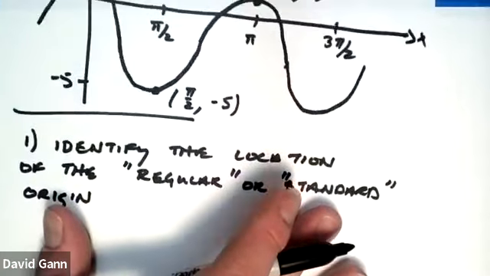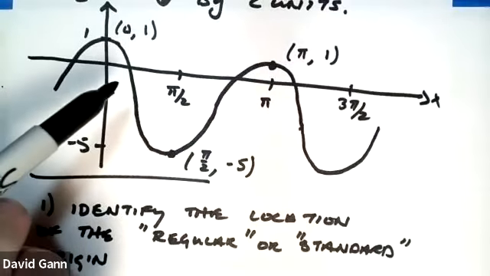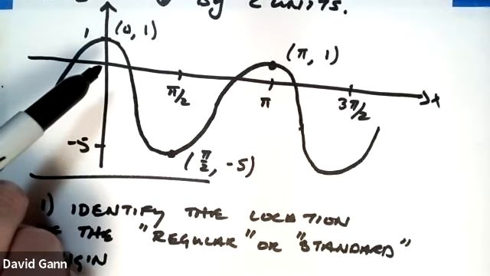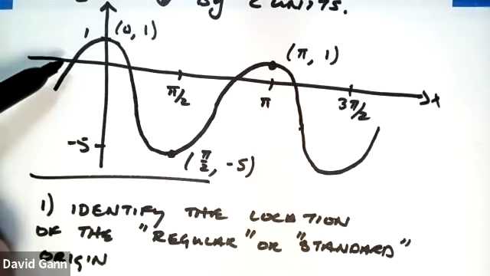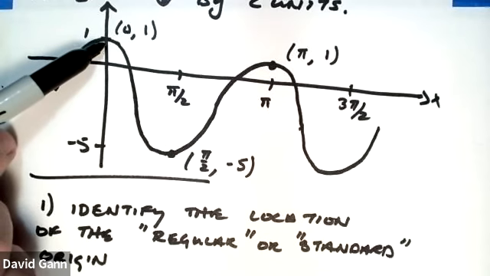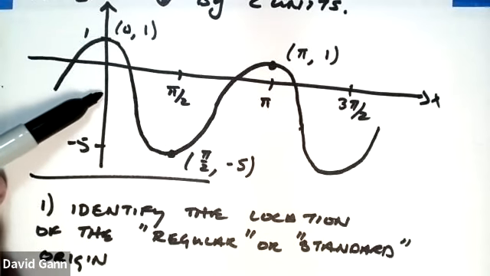So for example, in this graph that we did before, this was cosine, but remember that cosine starts with a peak, and the origin is actually down here, right? If we find this point right there, that point, the normal origin, tells us what both the C and the D value is.